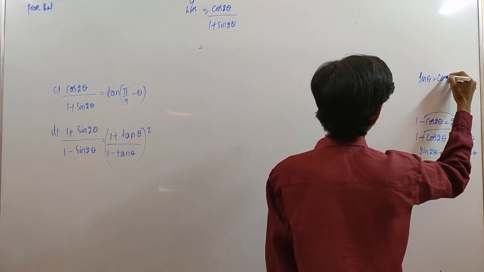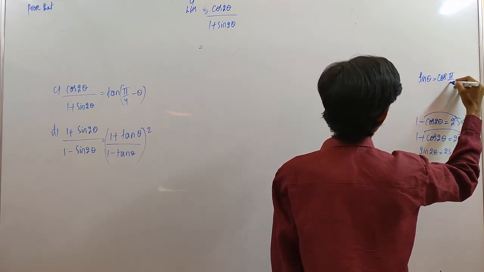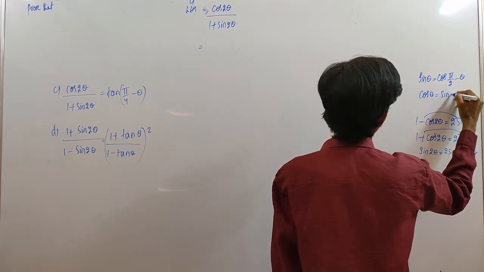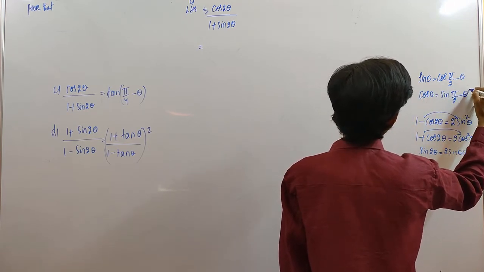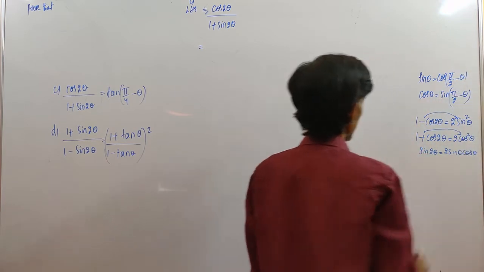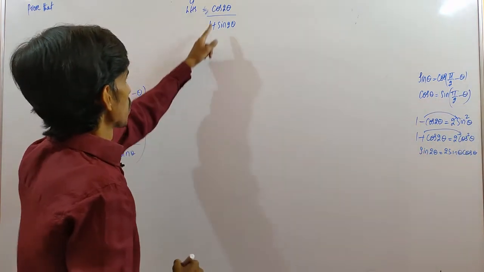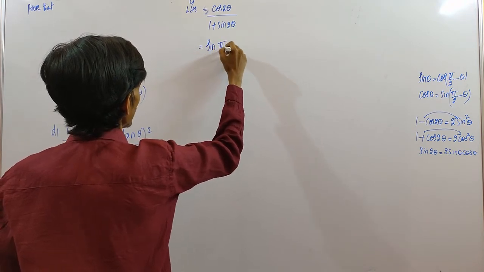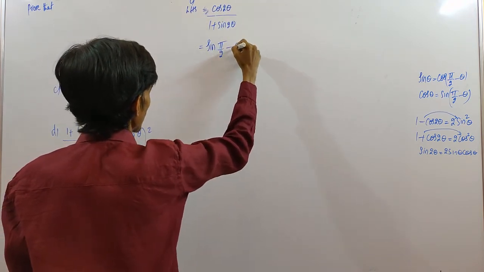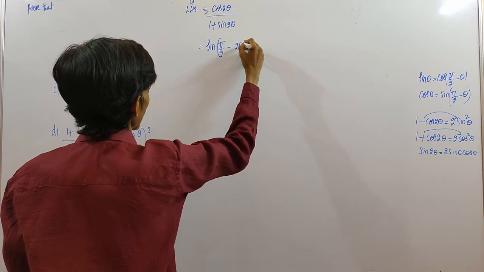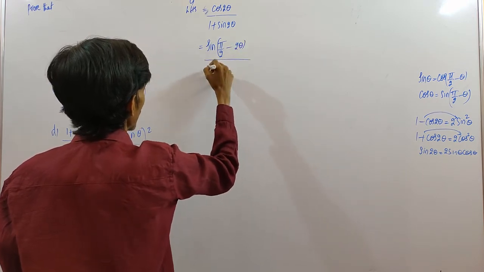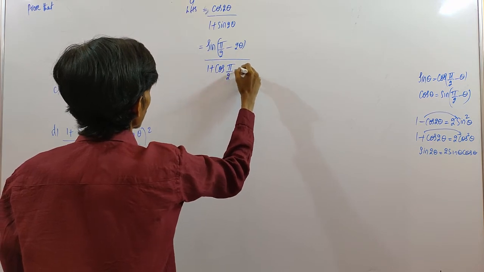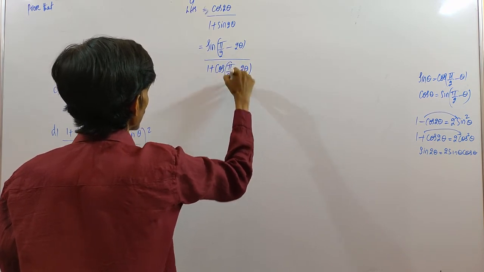Sin theta can be written as cos of pi by 2 minus theta. Similarly, cos theta can be written as sin of pi by 2 minus theta. So cos 2 theta can be written as sin of pi by 2 minus 2 theta, and 1 plus sin can be converted to 1 plus cos of pi by 2 minus 2 theta.